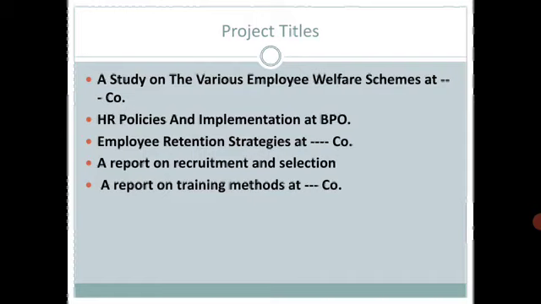The third objective might be to study the relationship between employee welfare schemes and organization's productivity or performance. So when we consider project title number 1, these can be the objectives. There can be many more objectives related to this.